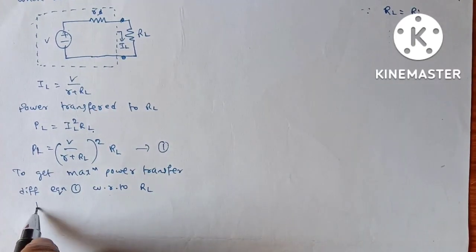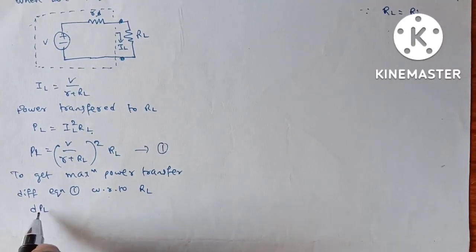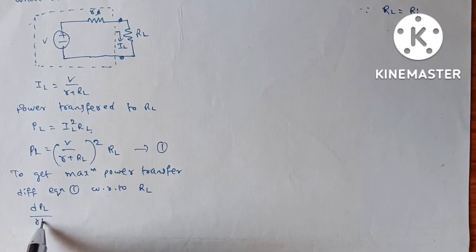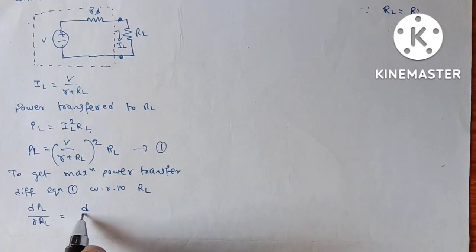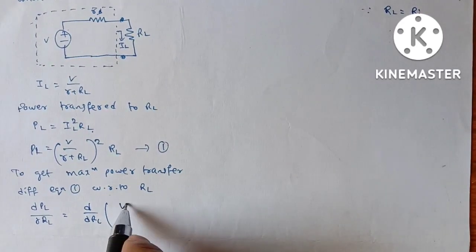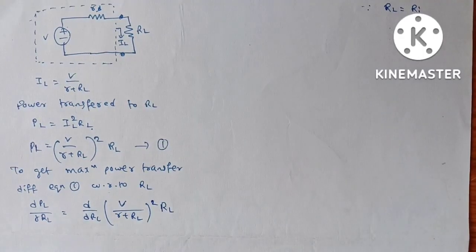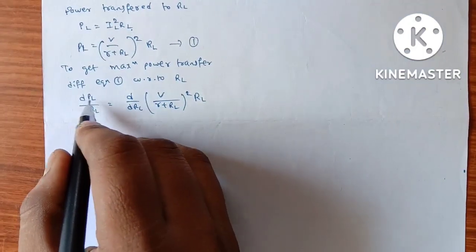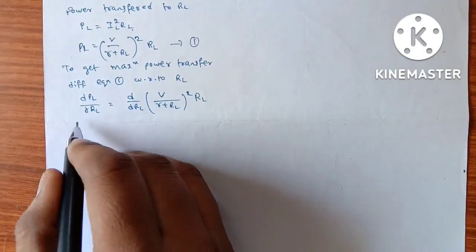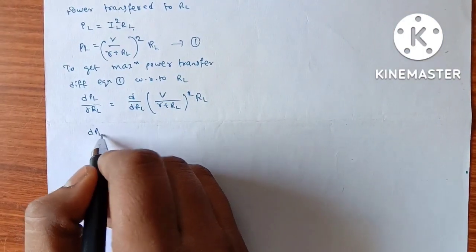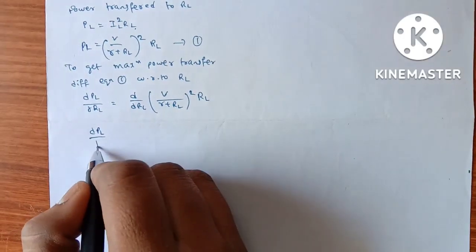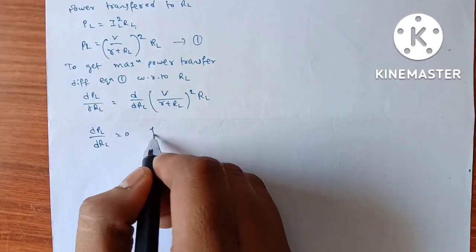If we do this, then equation 1 is transformed to d by dRL of (V by (R plus RL)) whole square into RL. For maximum, this dPL by dRL is equal to 0.